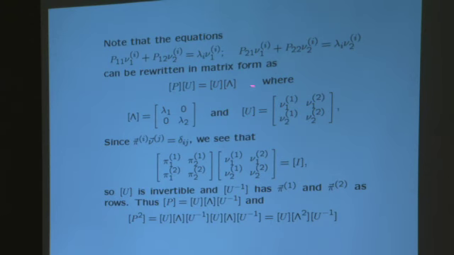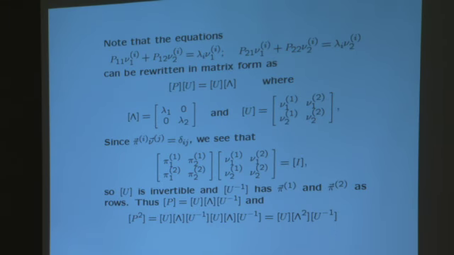Therefore, we can multiply this equation by u to the minus 1, and we get the transition matrix P equal to u times the diagonal matrix lambda times the matrix u to the minus 1. What happens if we try to find P squared? Well, it's u times lambda times u to the minus 1, times u times lambda times u to the minus 1.